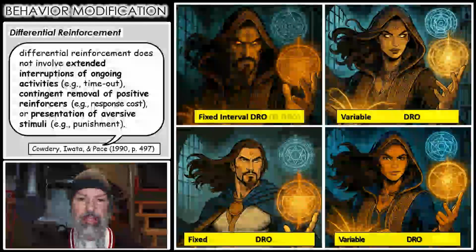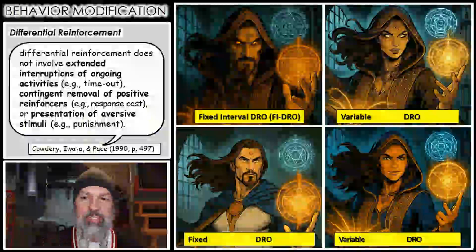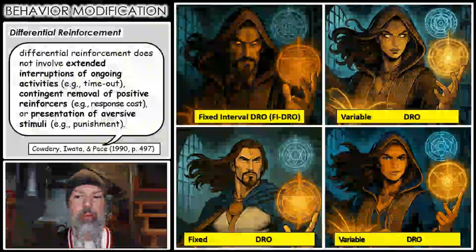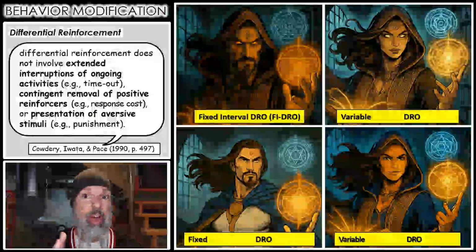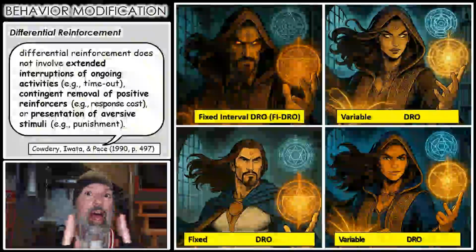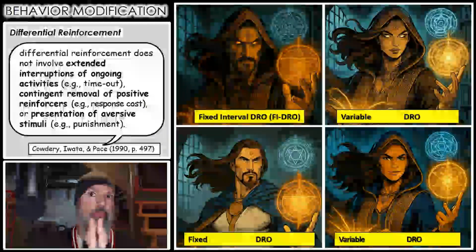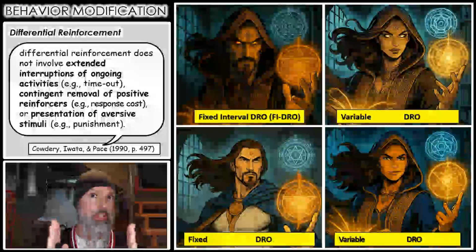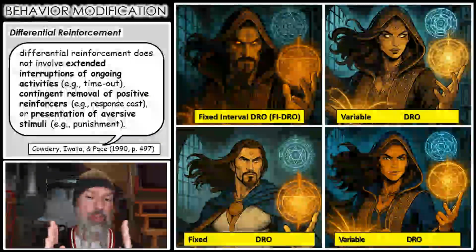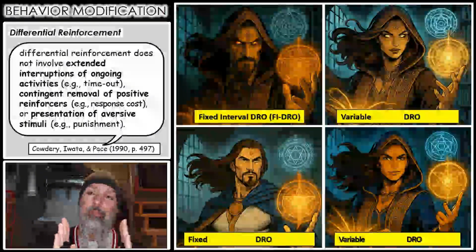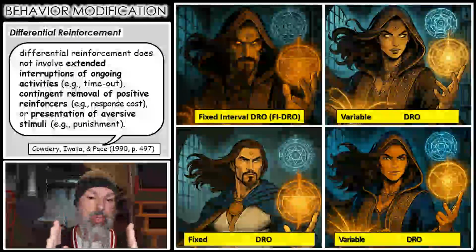So this is FI-DRO. And in fixed interval differential reinforcement of other behavior, reinforcement is given if the problem behavior does not occur at all throughout the entire set time period, throughout the entire fixed time period. So if you have a 10-minute time period and you're on a fixed interval differential reinforcement of other behavior, that problem behavior cannot occur at all during that 10-minute time period.